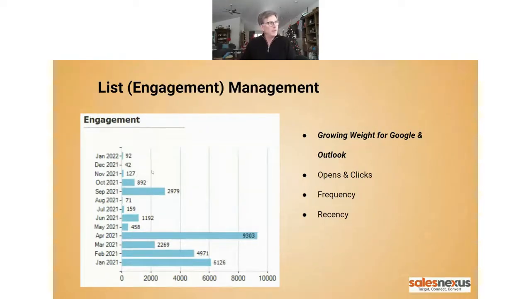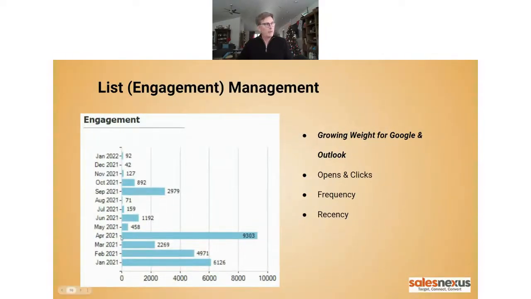Here's a little graph I created to look at our database and see, of all the people in the database, when's the last time they opened or clicked on an email?